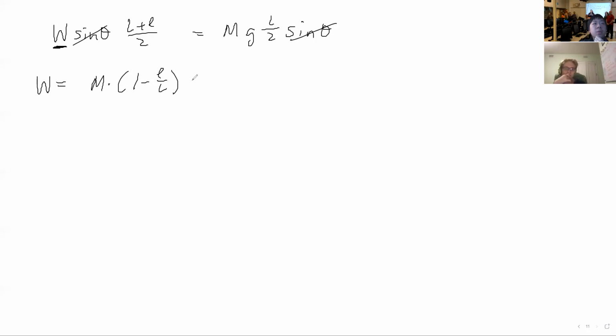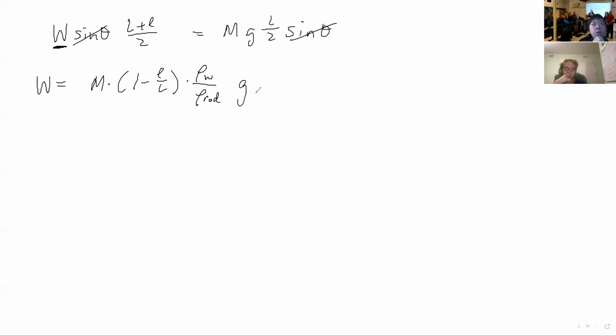But then we also have to account for the density differences, because we want the weight of the water instead of the stick. That's the magnitude of the buoyancy force. So we have to multiply this by the density of water over the density of this rod.